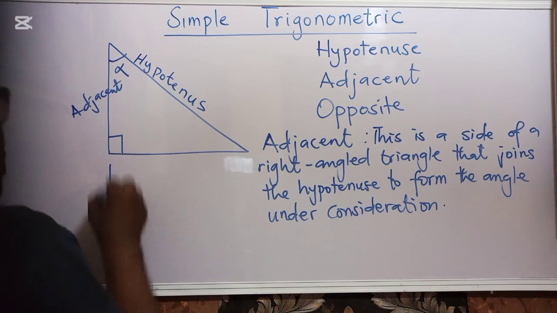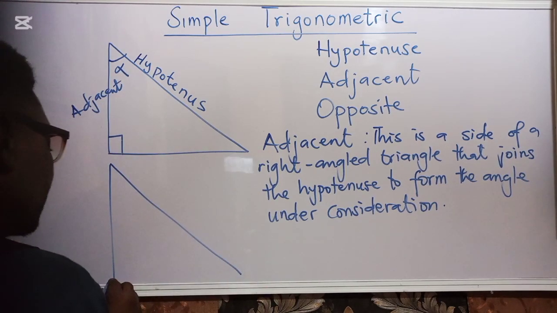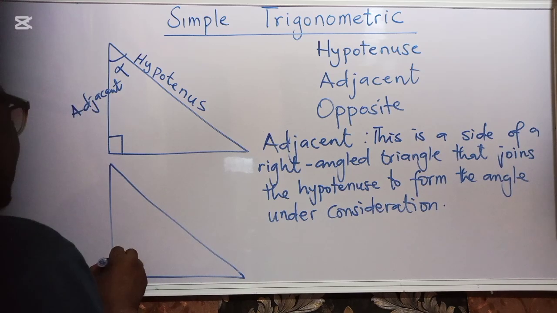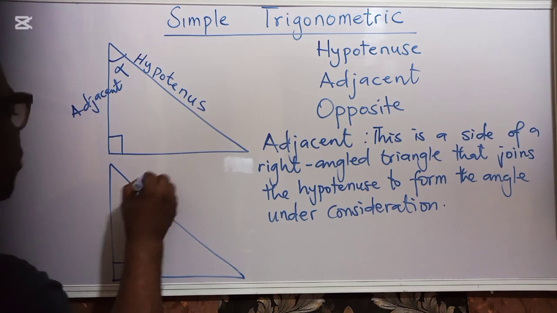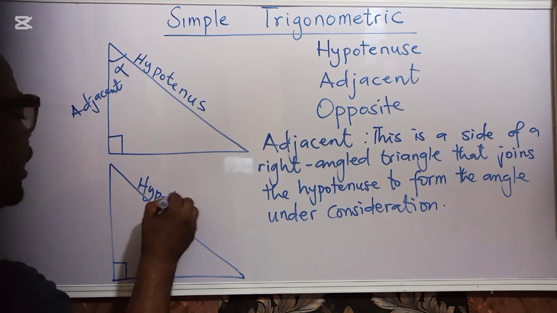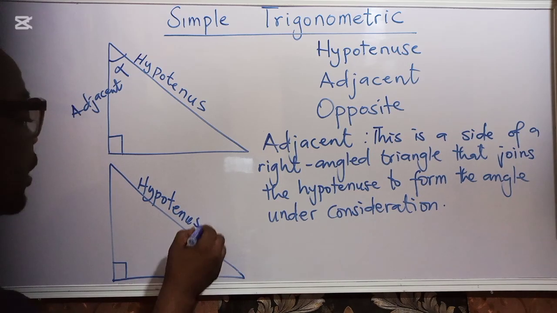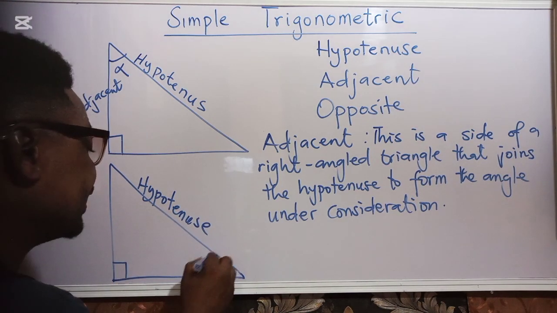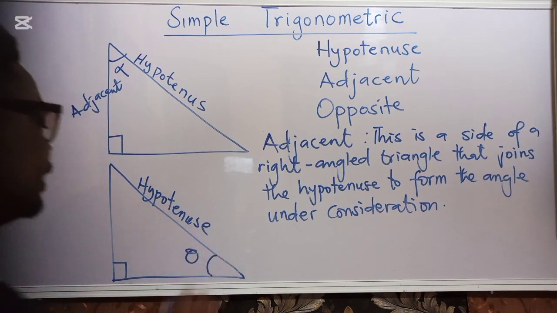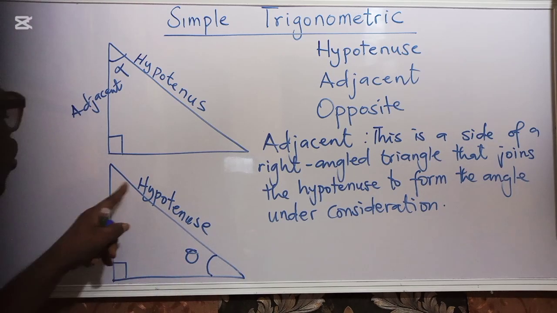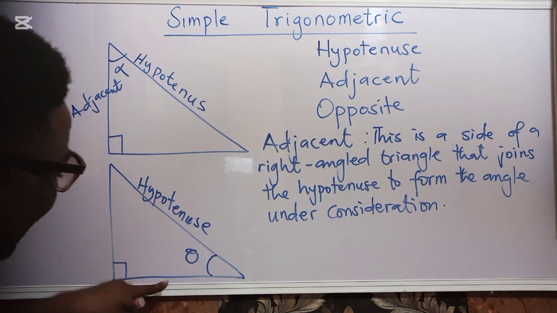But let us see another triangle here. If you have this triangle, this is our right angle. This remains the hypotenuse. Now, we are taking this angle, theta. The side that joined this hypotenuse to form this theta is this one.